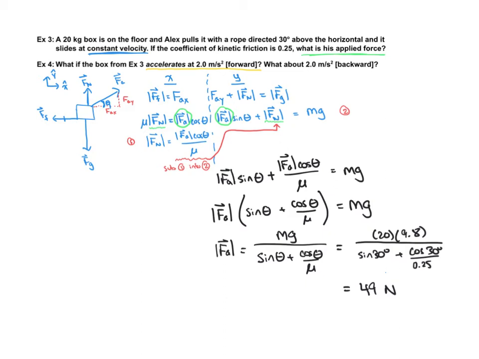It's in the x direction, so that's got to change. However, the y direction equation there probably can stay the same because it's not going to move up or down, so the up and down forces are still going to balance. So I'm going to start question 4 now.